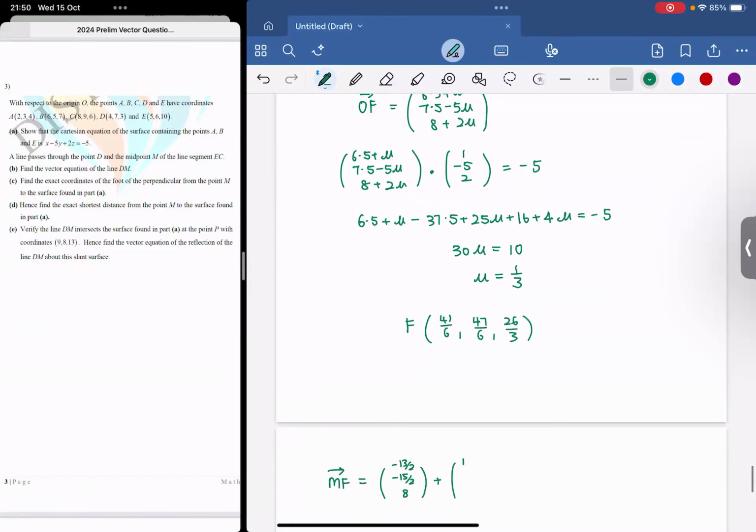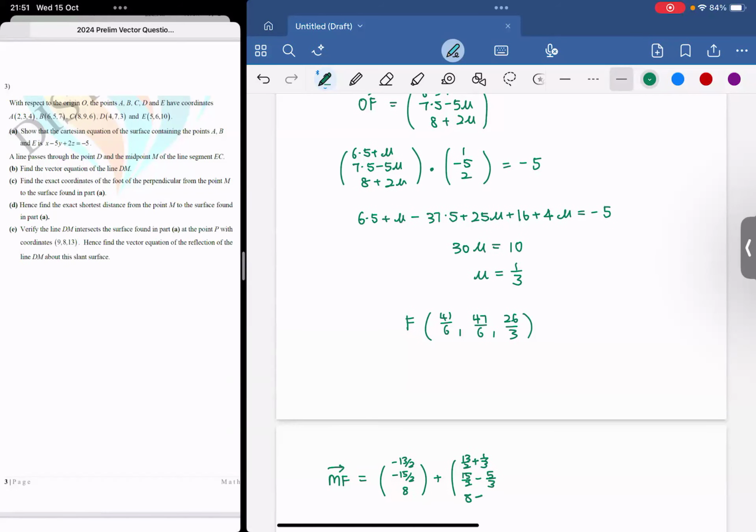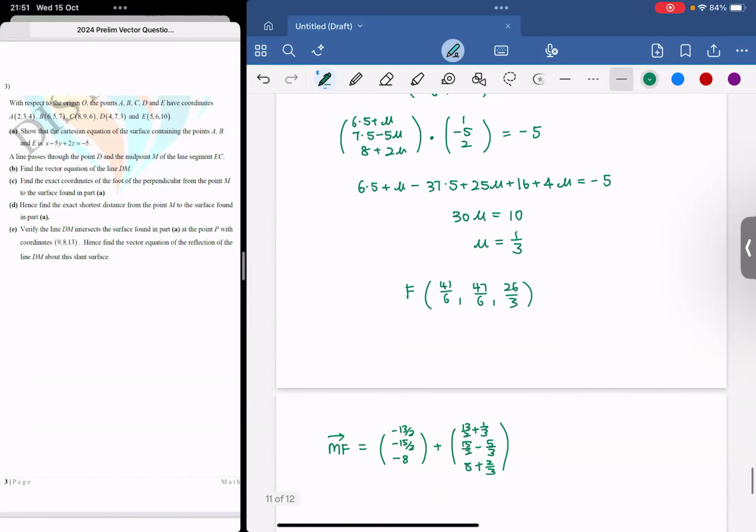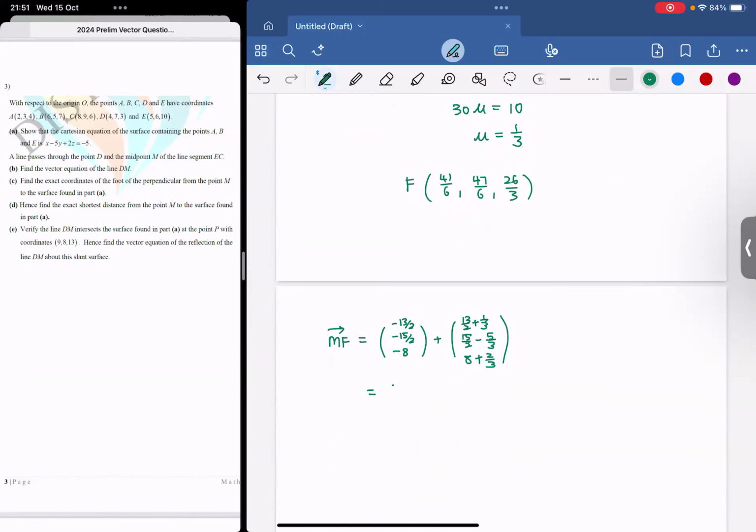F is actually 13 over 2 plus 1/3, 15 over 2 minus 5 over 3, and 8 plus 2 over 3. This one got minus, so it is just equal to 1/3 minus 5 over 3 and 2/3.